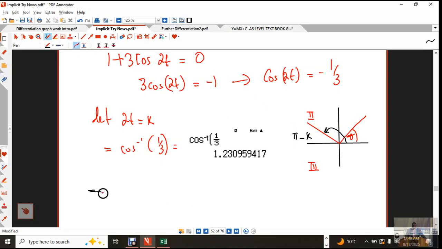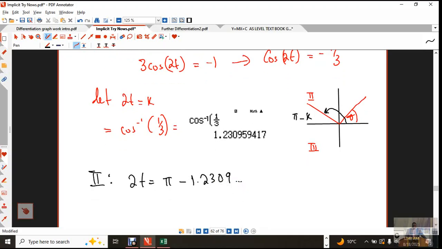So in the second quadrant, where cosine is negative, 2t is equal to pi take away 1.23095, and so on. What I need to do in order to find the value of t is simply find this difference and then divide that answer by 2. And once I do, I get 0.9553166, and so on, radians.